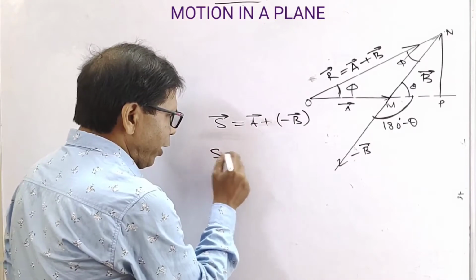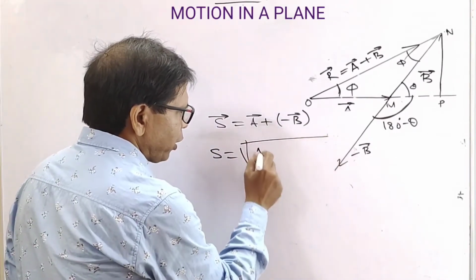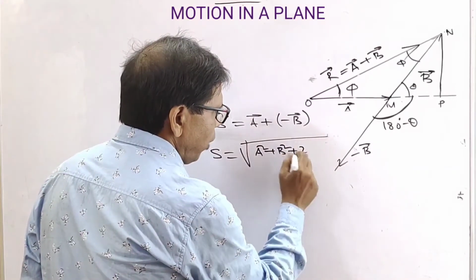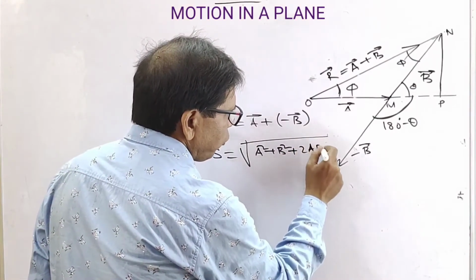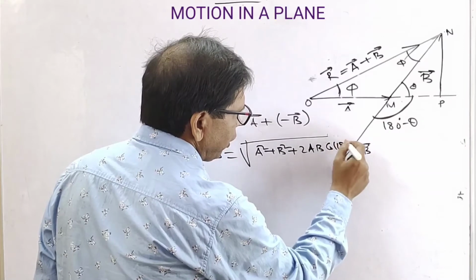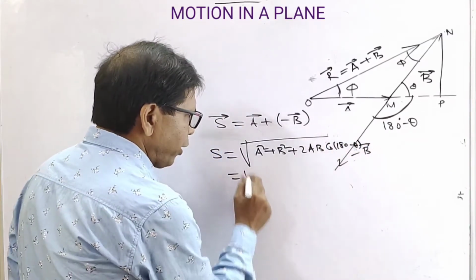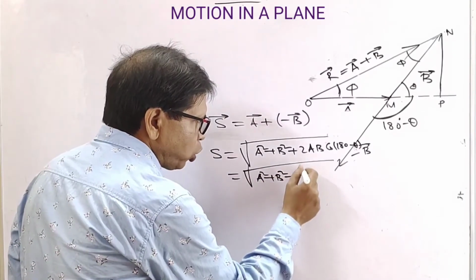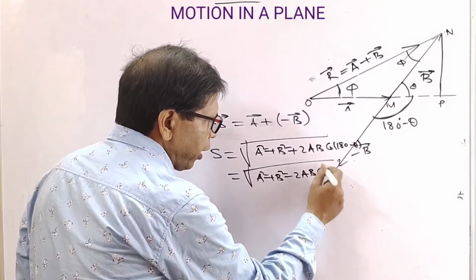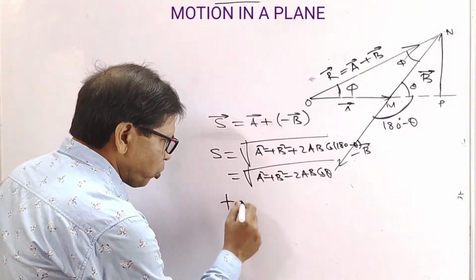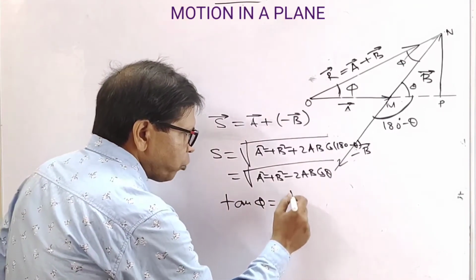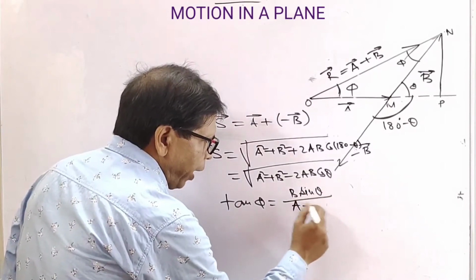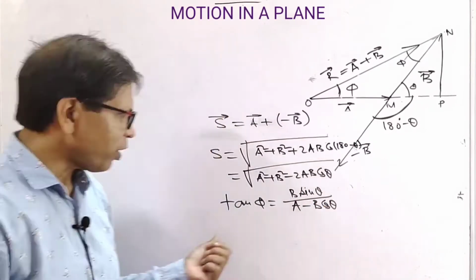So here S becomes root under of A square plus B square plus 2AB cos of 180 degree minus theta. So this becomes A square plus B square minus 2AB cos theta, and tan phi becomes B sin theta divided by A minus B cos theta.